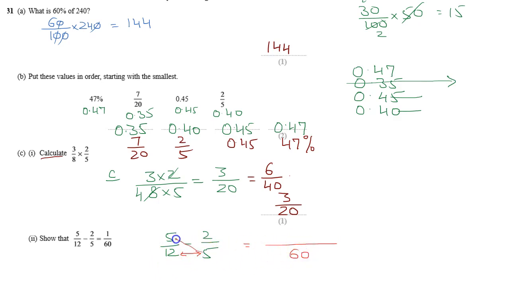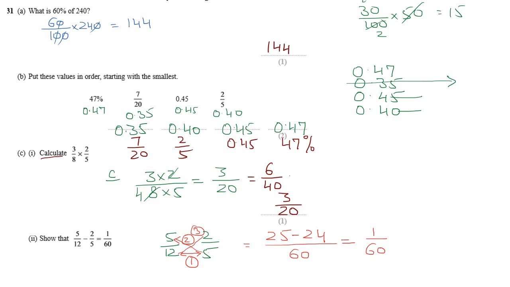Now the second multiplication: 5 times 5 is 25. Then the third multiplication: 12 times 2 is 24, and the sign in between is minus. So that will be 25 minus 24 is 1 over 60.